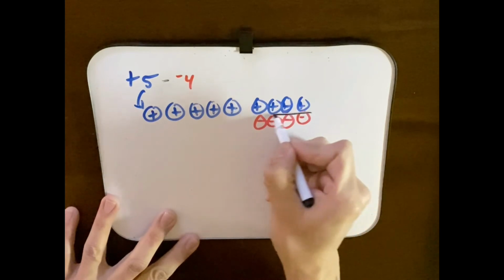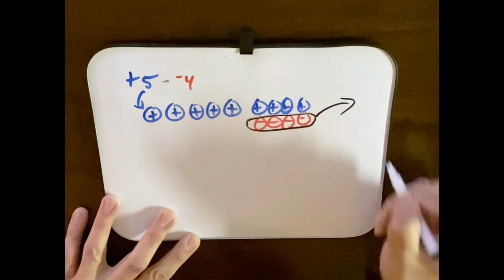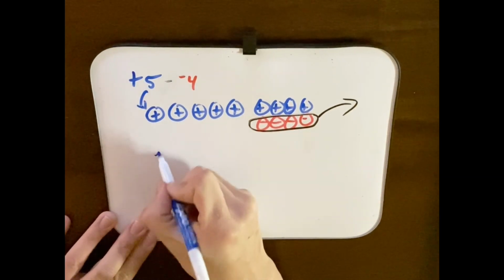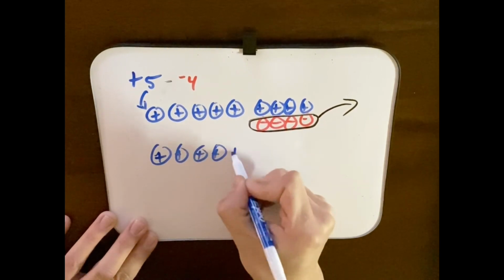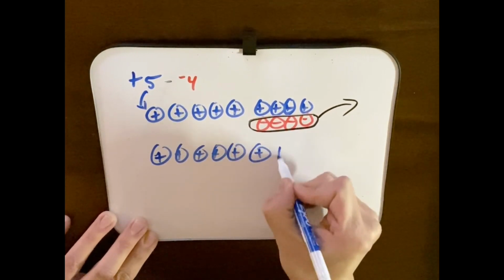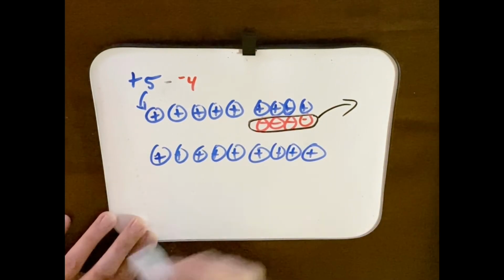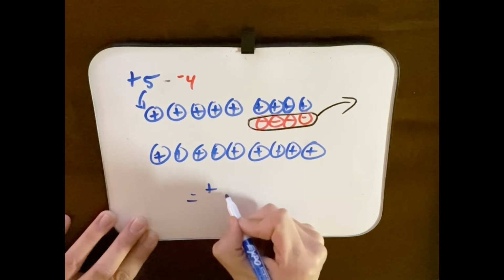So we can take these negatives out. What are we left with? 1, 2, 3, 4, 5, 6, 7, 8, 9. We're left with 9 positives. So our answer here would be +9.